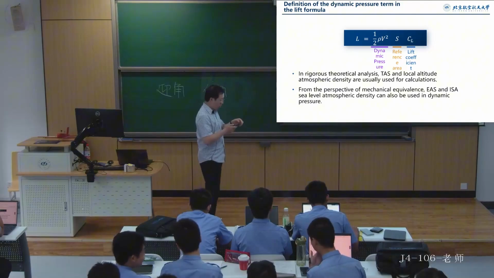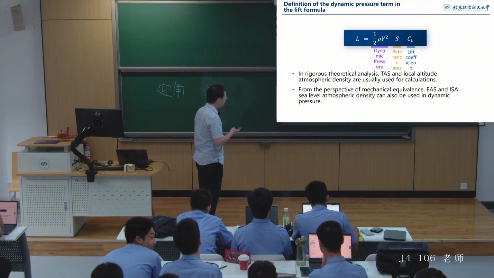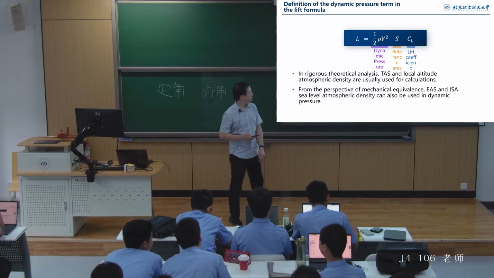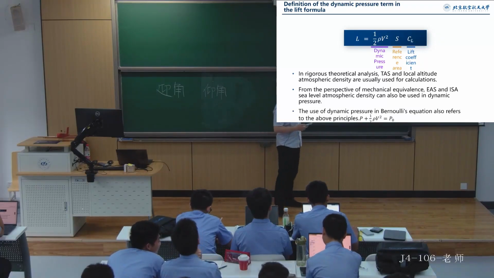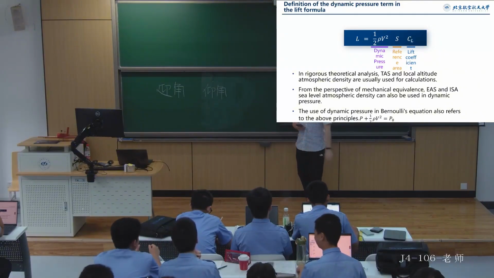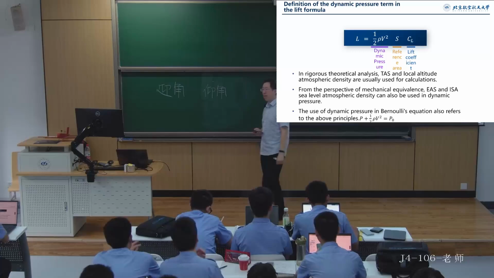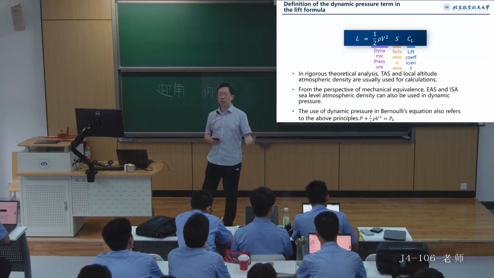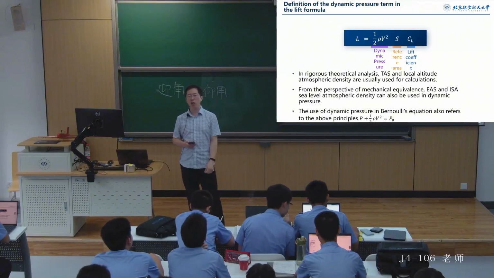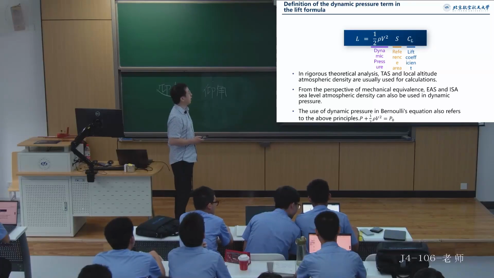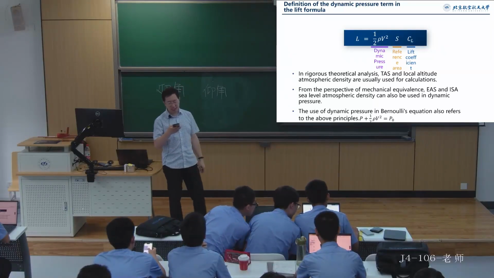So, at the same time, in the Bernoulli equation, we sometimes mention that this dynamic pressure and that dynamic pressure are completely consistent. Therefore, for convenience in calculations, we can also use the equivalent airspeed to obtain the local dynamic pressure. So this is the content we want to explain regarding dynamic pressure.